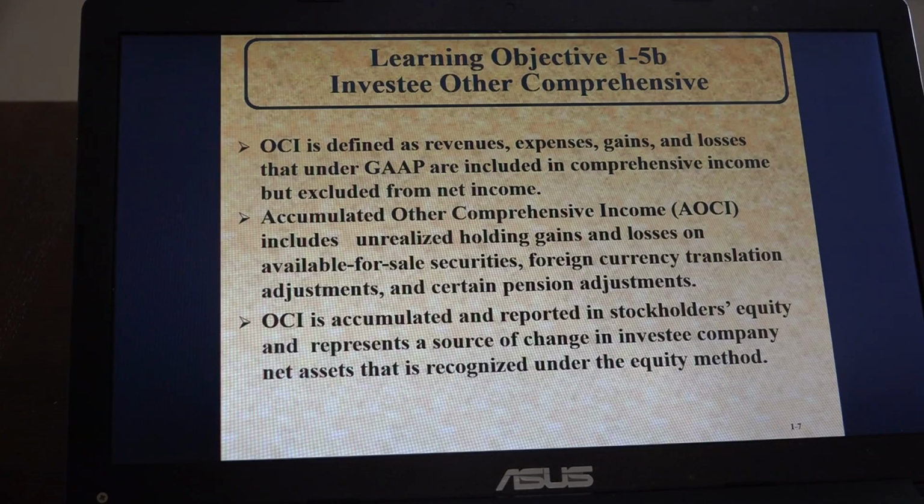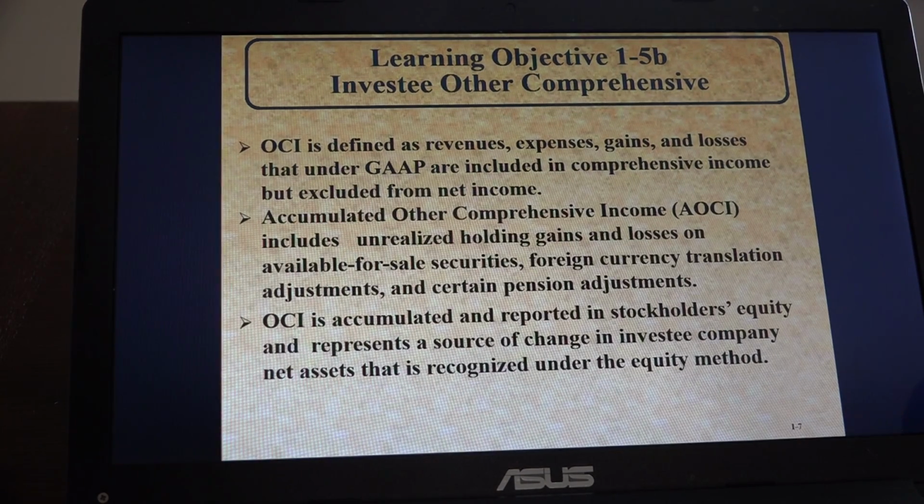30% of $500,000 net income. On top of that, they've got to report their percentage of the 80,000 OCI. So they're going to report 30% of the 80,000 OCI.